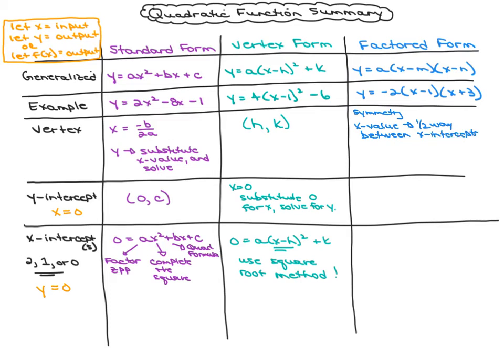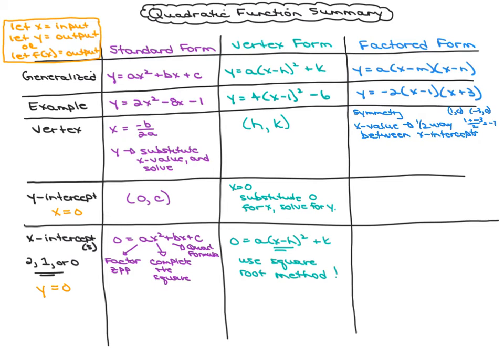If you want to use this strategy, you're going to find your x-intercepts first. I just want to use this example that we have up here. Here, the x-intercepts I know are (1, 0) and (-3, 0). So halfway between that, if I took the average of those two numbers, is equal to -1. So I know the x value of the vertex is -1. Great. If you like symmetry, go for it.